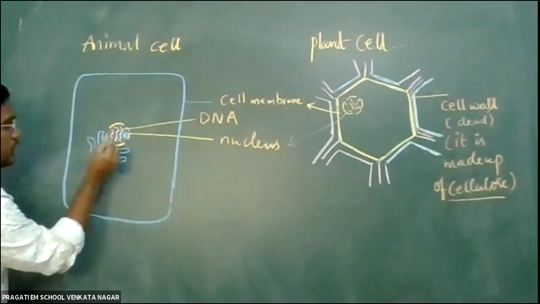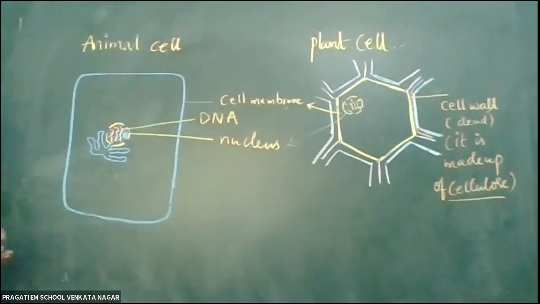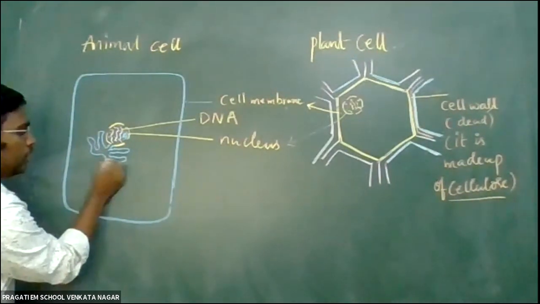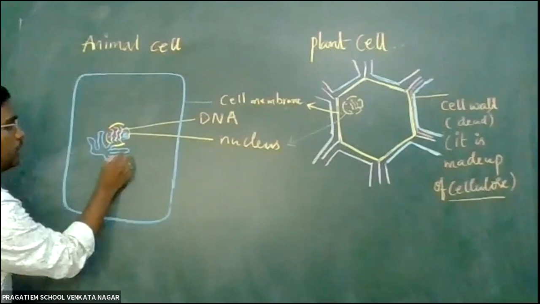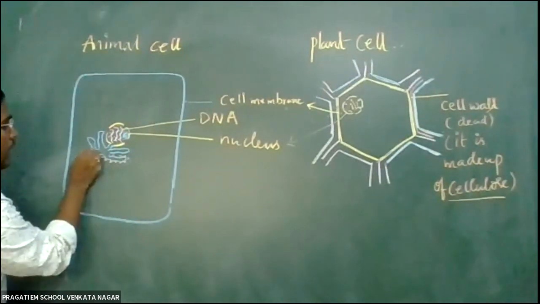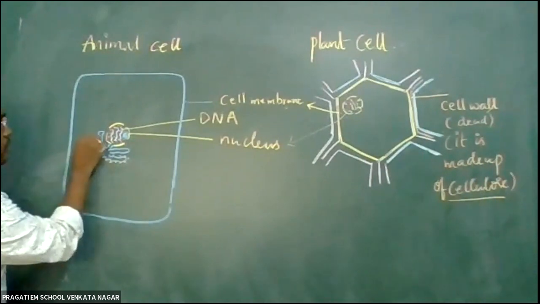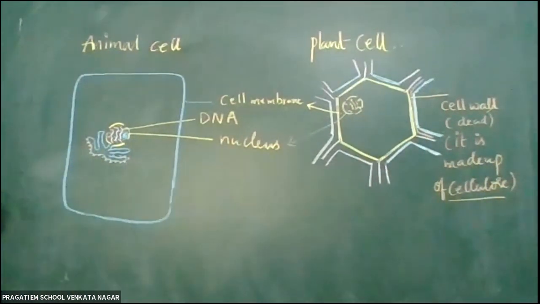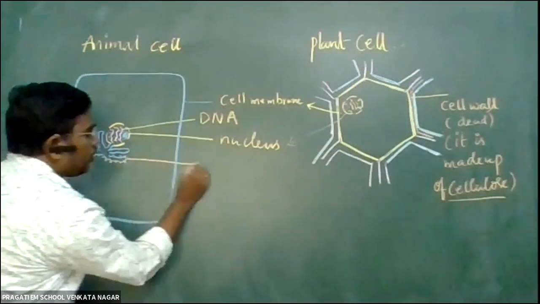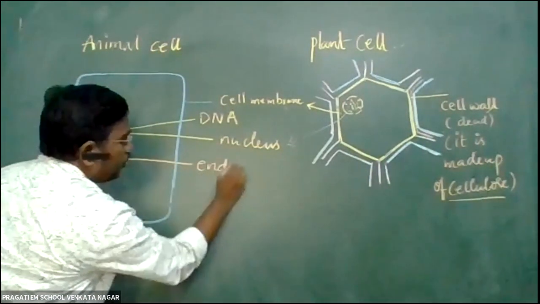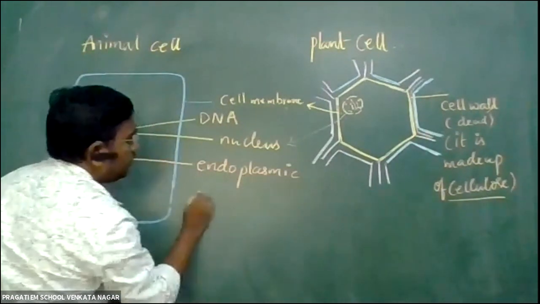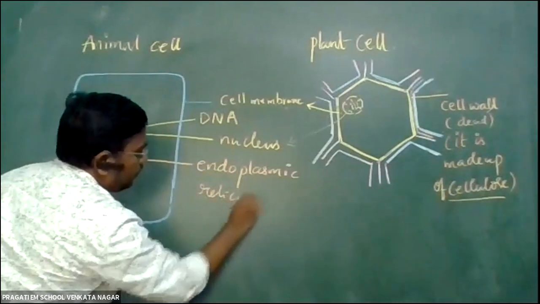In this network-like structure, some granules are attached to the surface of the endoplasmic reticulum. This structure is called the endoplasmic reticulum.